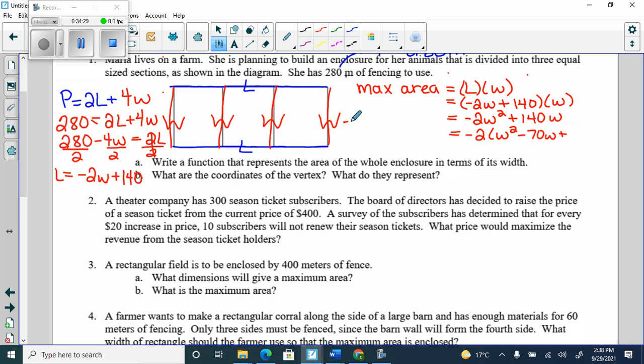So I go negative 70 divided by 2 squared is negative 35. Squared equals 1,225.